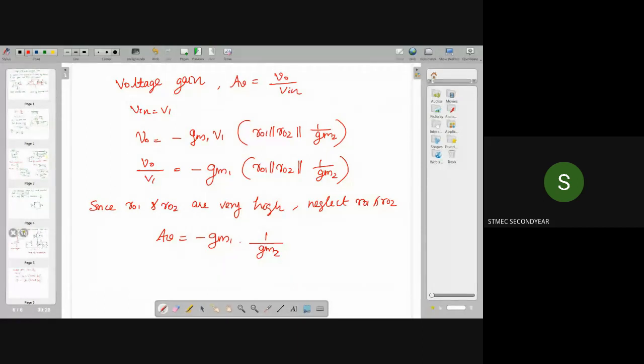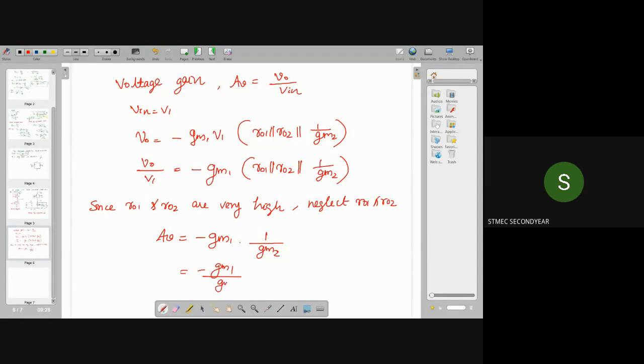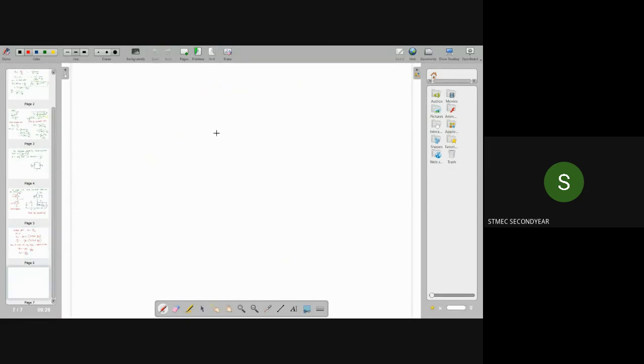Now, one more thing, we can rewrite this equation in terms of transistor parameters. The gain is equal to minus GM1 divided by GM2, right? So instead of GM1 and GM2, you can write the expressions for GM1 and GM2.